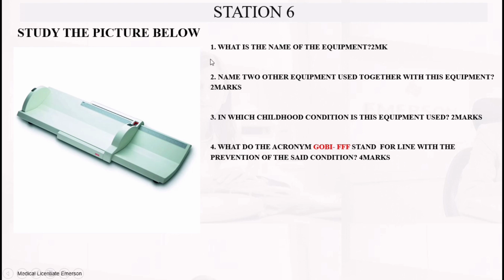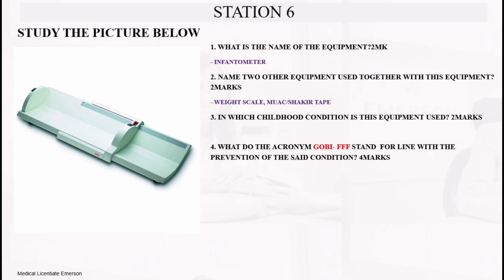Okay, so if you've been on the wards, you've done some measurements, I'm sure you know this is called an infantometer. So don't confuse it with a stadiometer. Name 2 other equipment used together with this equipment.